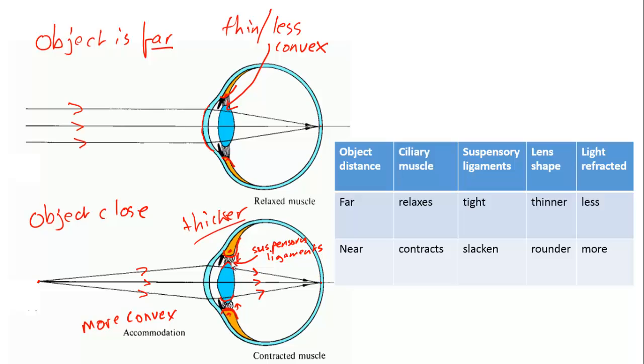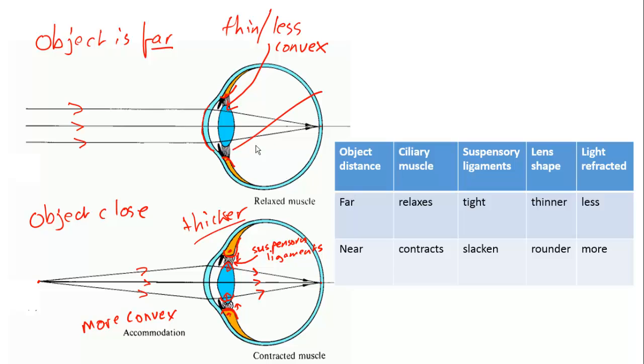Because the distance between their 2 endpoints is now shorter, they become slacker, and therefore they pull less on the lens. So the lens therefore retracts back this way and becomes bulgier as it does so.